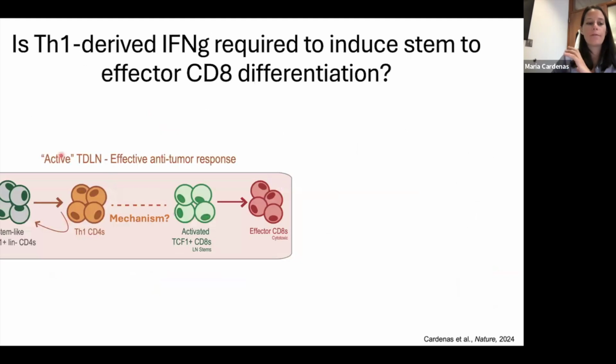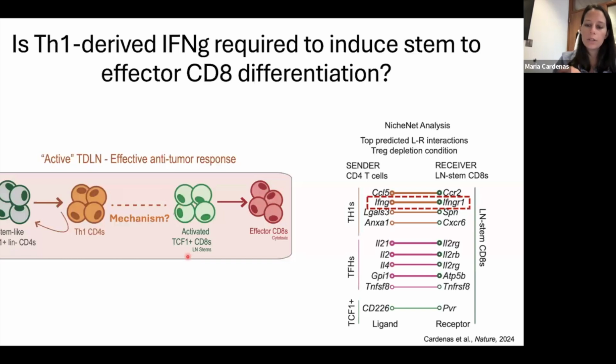Right, and so from that experiment, we know that this transition from stem to Th1 is really sufficient, and I want to point out it's in the presence of Tregs. It's sufficient to override that restricted program and drive effector differentiation of stem-like CD8s to effectors. How is this happening was our next question. So what is the mechanism by which this differentiation is driving a better anti-tumor CD8 response?